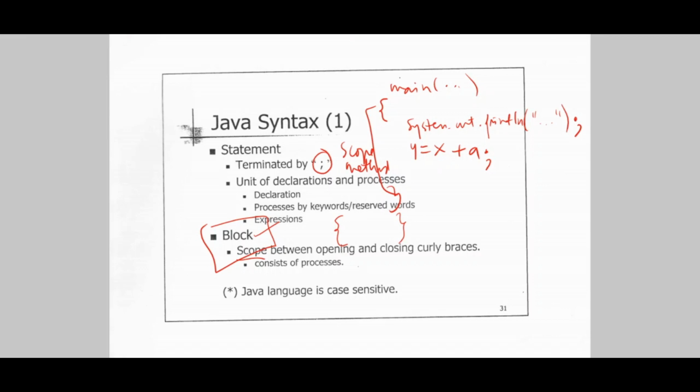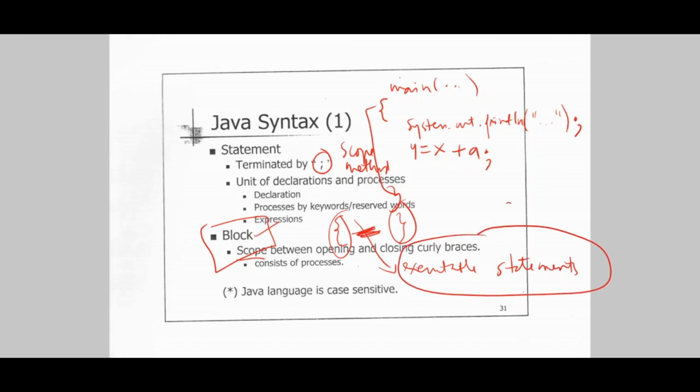What's inside the open and close curly are the executable statements, and this set of executable statements is what we call the code. It consists of processes, referring to the code or the executable statements.